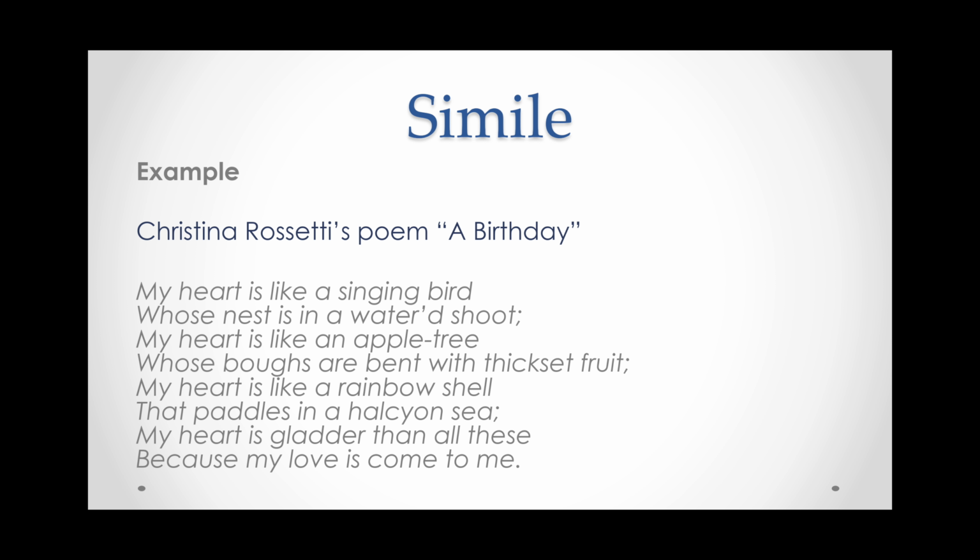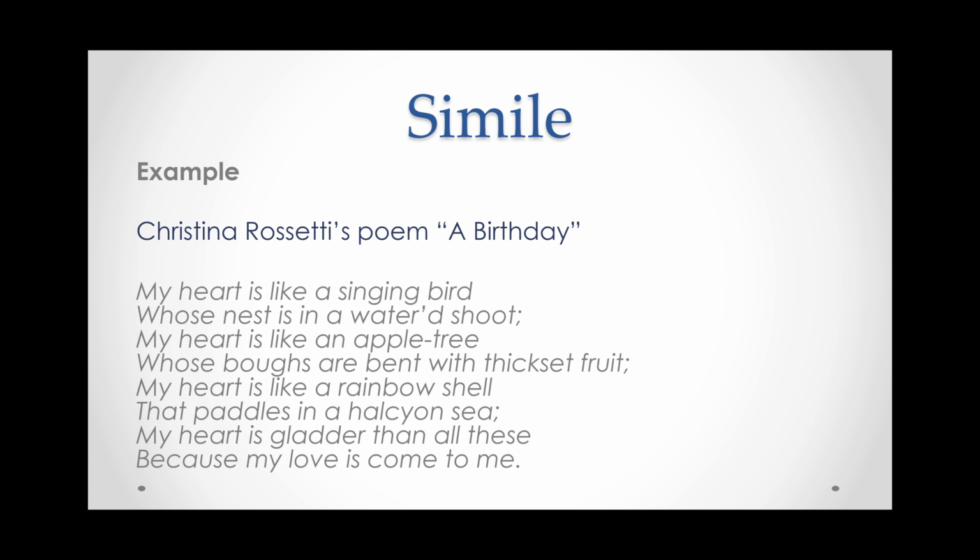In Christina Rossetti's poem, A Birthday, we learn, "My heart is like a singing bird whose nest is in a watered shoot. My heart is like an apple tree whose boughs are bent with thickest fruit. My heart is like a rainbow shell that paddles in a halcyon sea. My heart is gladder than all these because my love is come to me."